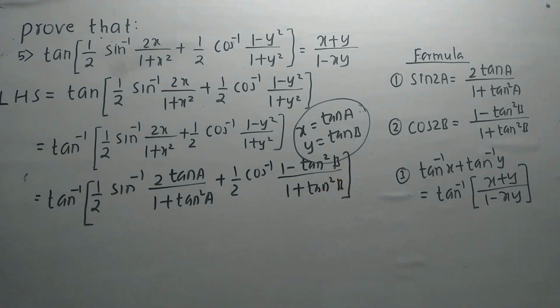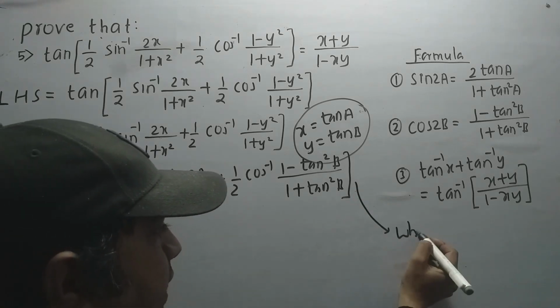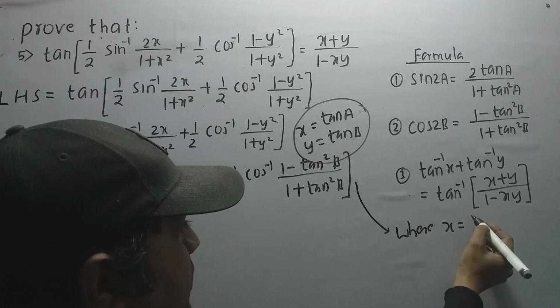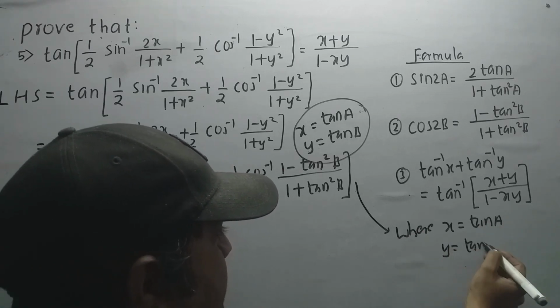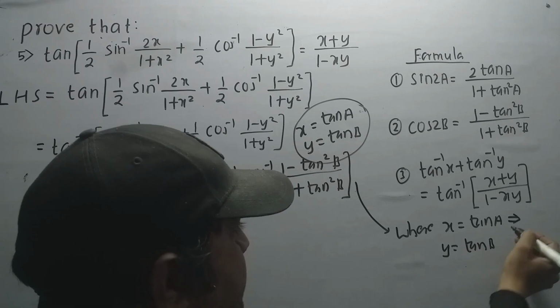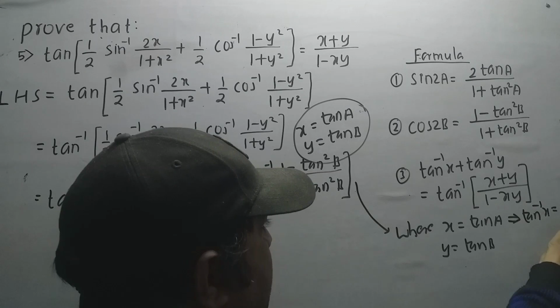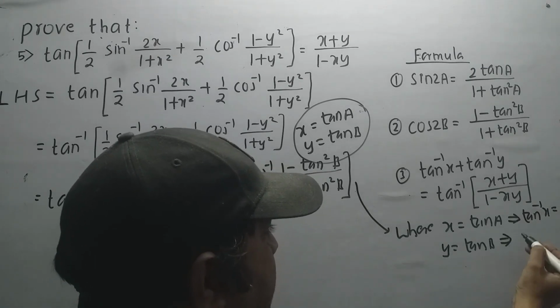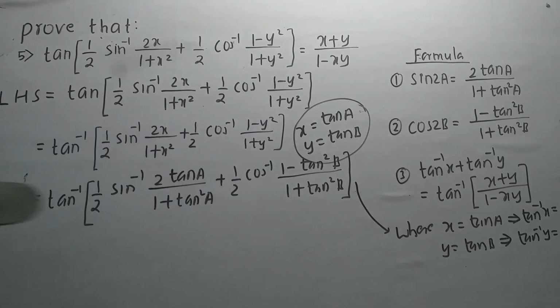So for this you write the reason: when x equals tan a and y equals tan b, later on you can say tan inverse x equals angle a, and tan inverse y equals angle b.